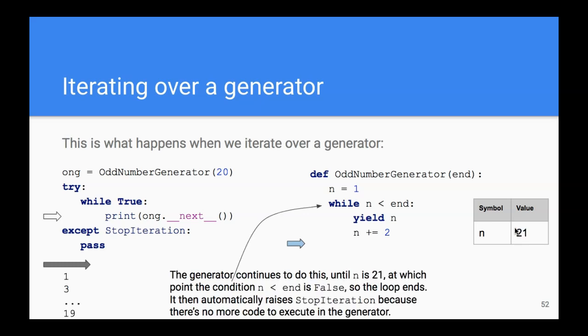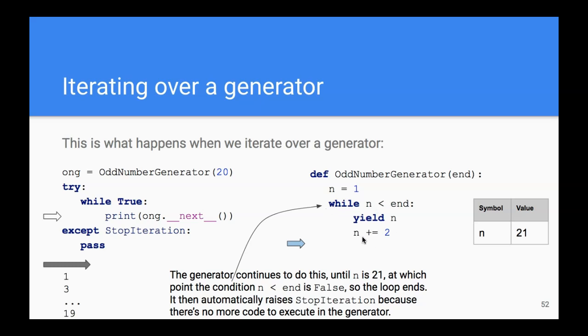So it keeps repeating this, keeps doing this. Okay, until what? Until n becomes 21. Now, what happens when n becomes 21 is that it comes back to the beginning of the loop and checks the condition: 21 less than 20? So 21 is not less than 20. So the loop ends, it reaches the end of the generator.